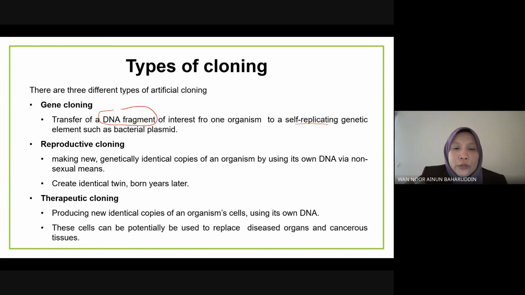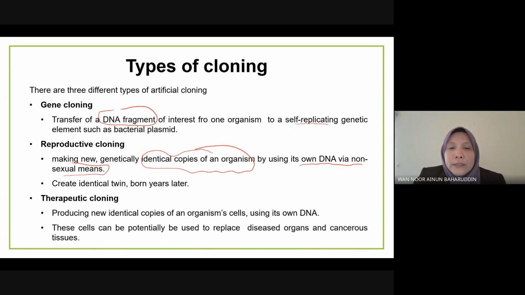For reproductive cloning, dia akan ambil copies from the organism, identical copies, tapi using their own DNA, but by non-sexual means. Maksudnya bukan daripada DNA yang target for sex DNA, not from sexual chromosome.